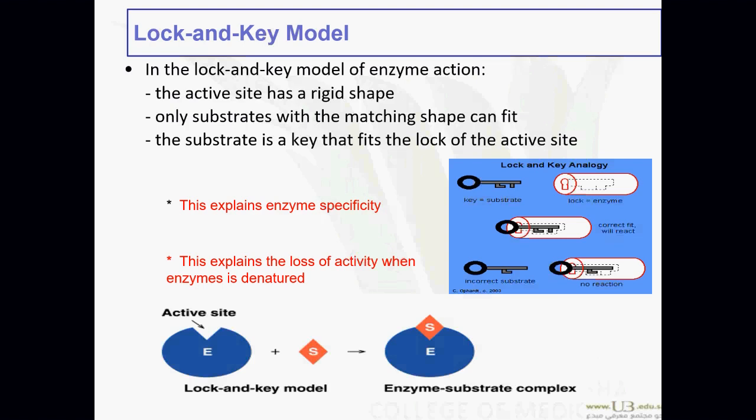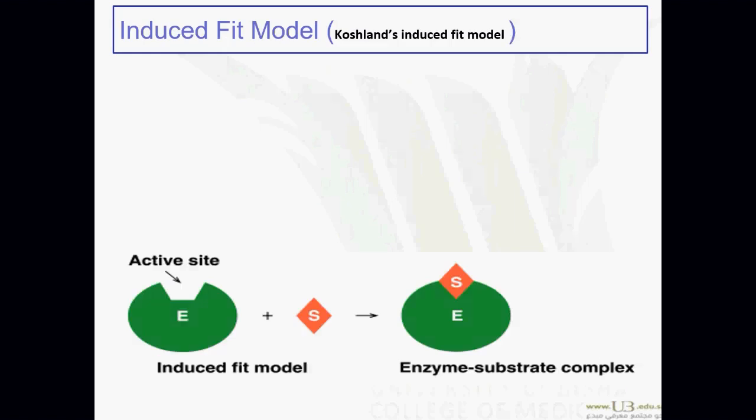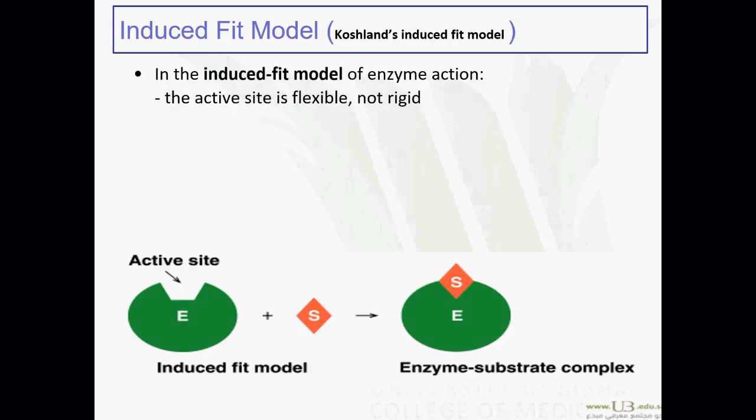So this theory can explain the mechanism of some reactions of the enzymes, but not all types of enzymes, because we have a remarkable number of enzymes that have some sort of flexibility in the active site, which can be slightly modified to fit with the substrate, and this will be explained by the induced fit model, which has been stated by Koshland's theory.